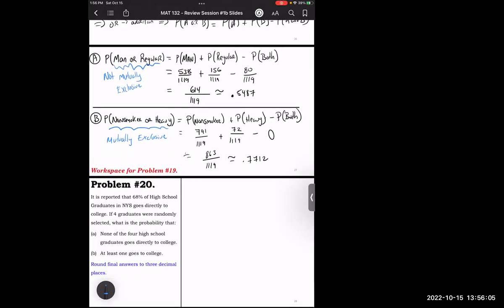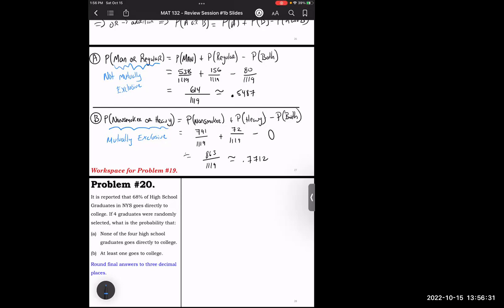Problem number 20 is when you have the at least case, and it's also being combined. So it combines a couple of rules. It combines a multiplication rule with the complement rule. So it states that it is reported that 68% of high school graduates in New York State go directly to college. I don't remember what year I pulled that up.